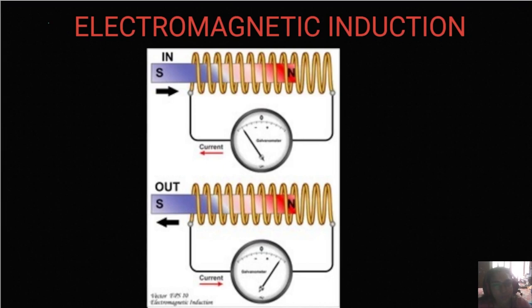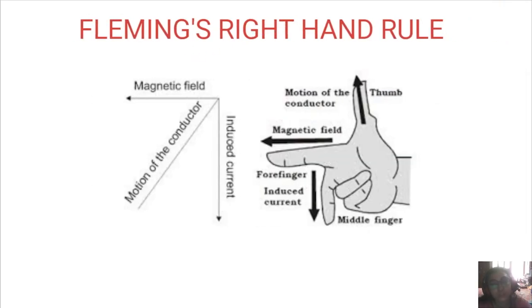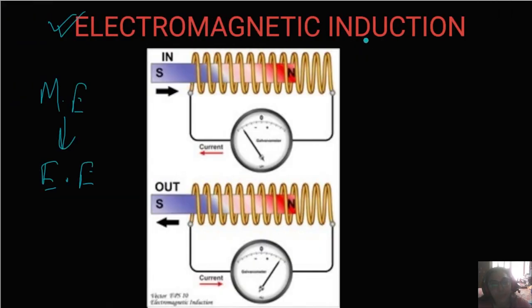Now we come to electromagnetic induction. It is exactly the opposite of what we said right now. It is due to the constant movement of a magnet that there is current production. Or here, mechanical energy is getting converted into electrical energy in the simplest way. In electromagnetic induction, the word induction means inducing.